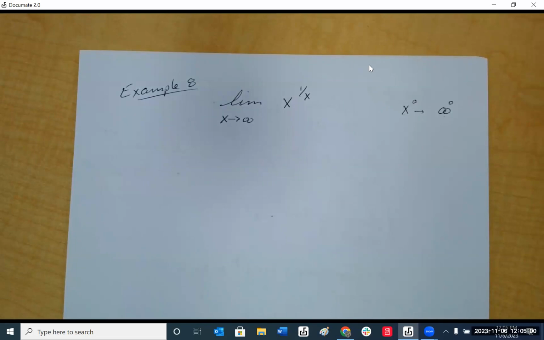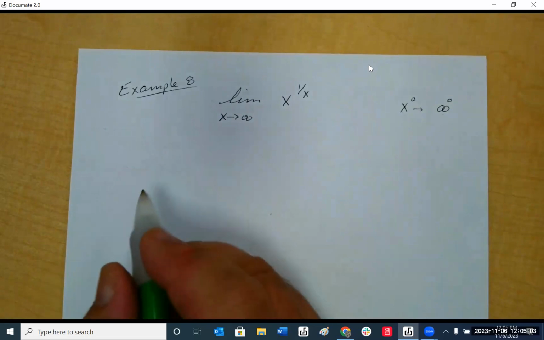So if that's the case, then we have to use the same rule.